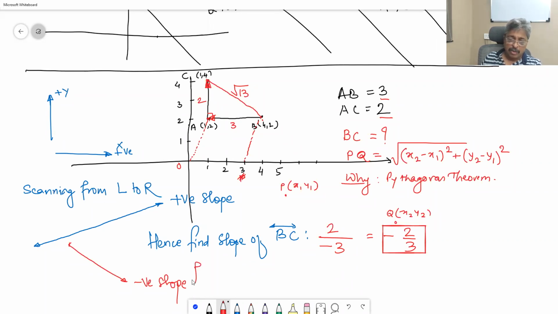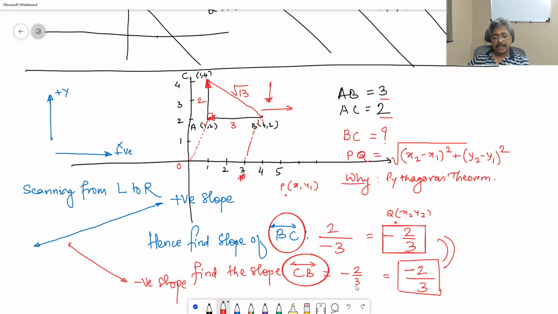Now find the slope of line CB. What will be the answer? Tell me. What will be the slope of line CB?